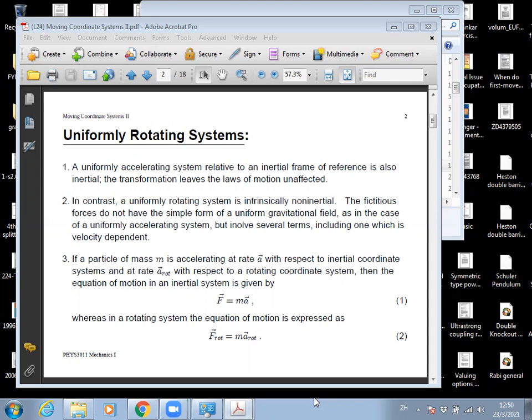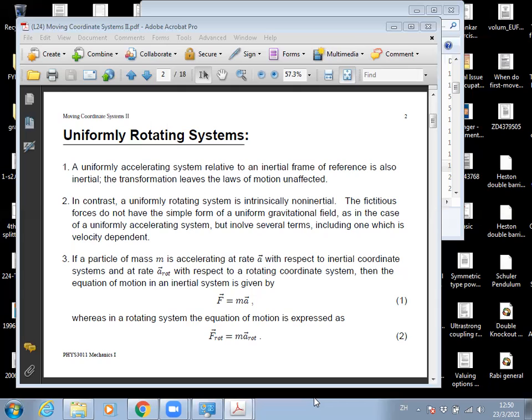For example, conservation of momentum, conservation of energy, or we can define a potential energy due to the fictitious force, because we can treat it as an external gravitational force, all right? Just like a gravitational force. So there is no mystery about the uniformly accelerating system.